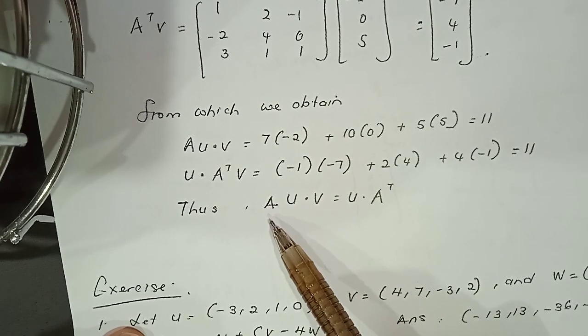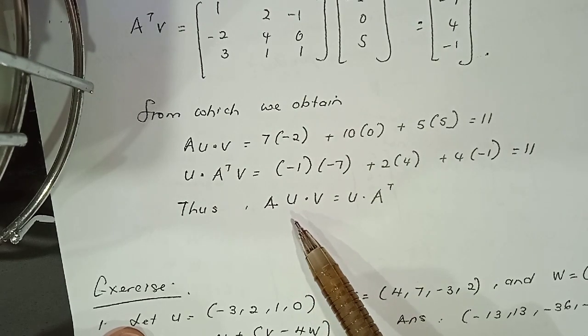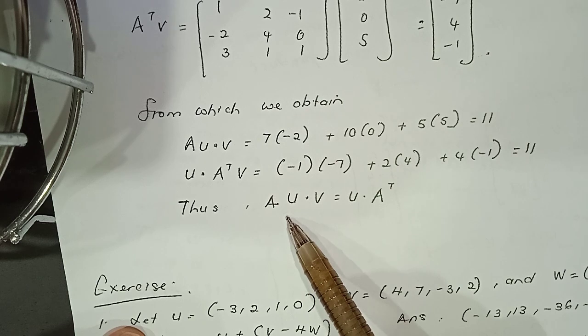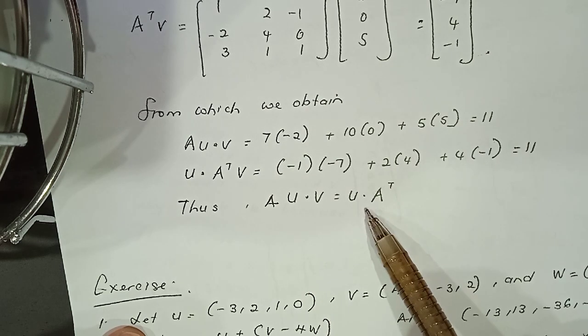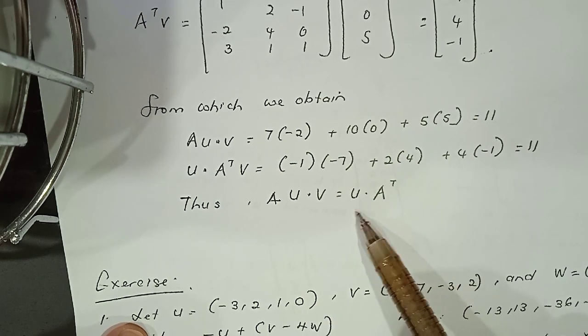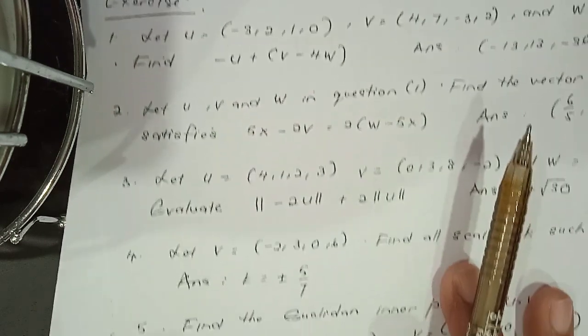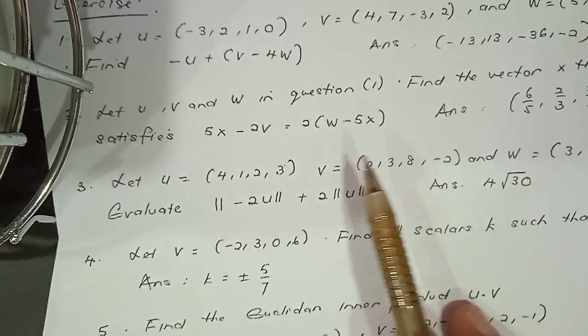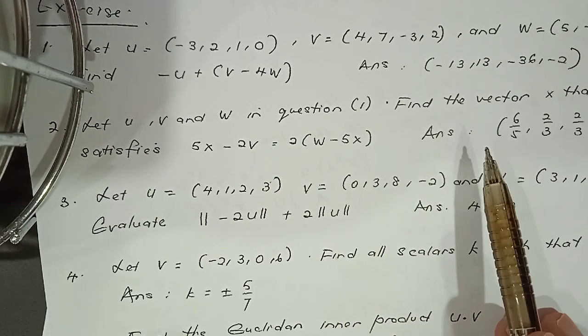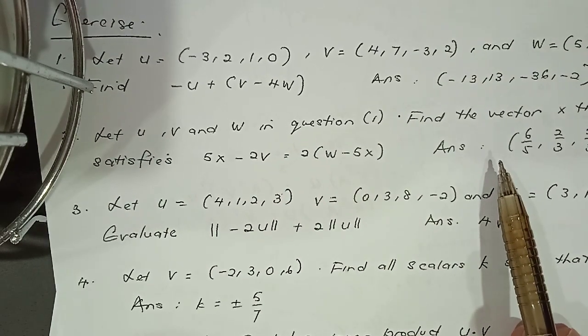Thus, we conclude that the left side, Au dot v, is equal to the right side, which is u dot A transpose v. Let's do this exercise on your own and check whether you get the answer provided here.